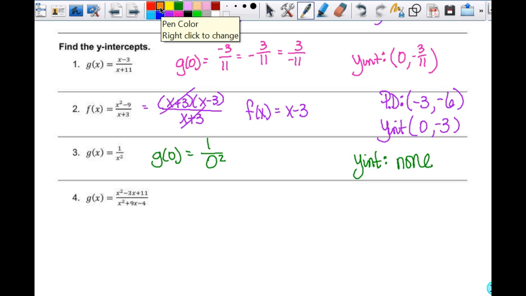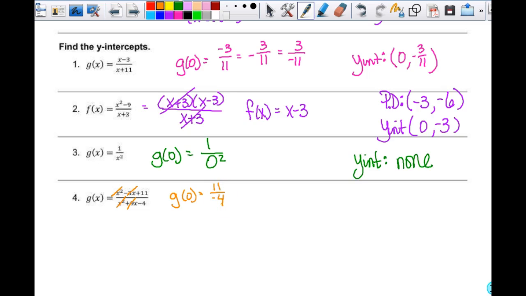All right, so then we look at number 4. Now, if I want to factor this, can I factor the numerator? No, it doesn't factor, right? So if I can't factor the numerator, I don't even care about factoring the denominator because the only reason I'm doing that is to see if I can cancel something out anyway, right? So since I can't, and what I want is g of 0, when I substitute in 0 for the x's, everything that has an x on it basically just goes away, and I'm left with g of 0 being 11 over negative 4.